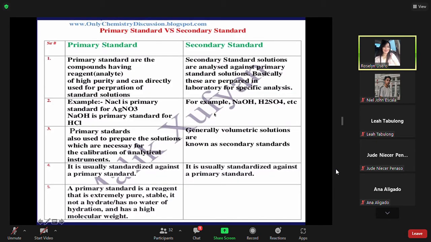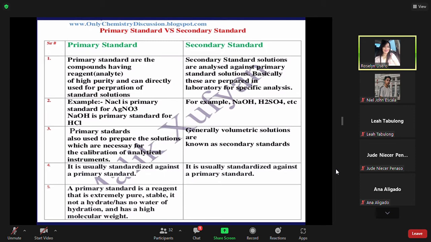Okay, so let's differentiate now the primary standard and the secondary standard. Primary standards are compounds having the reagent analyte, meaning whatever you are analyzing, like phosphate as your analyte, your primary standard should also contain phosphorus or phosphate.